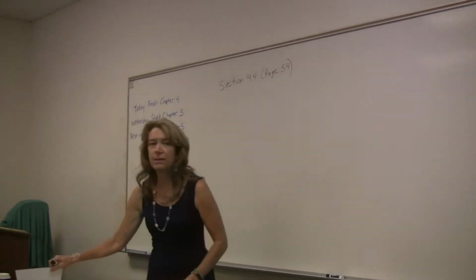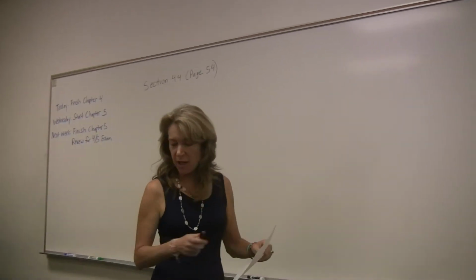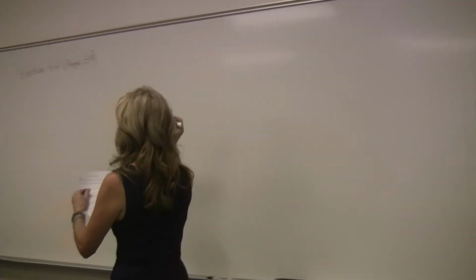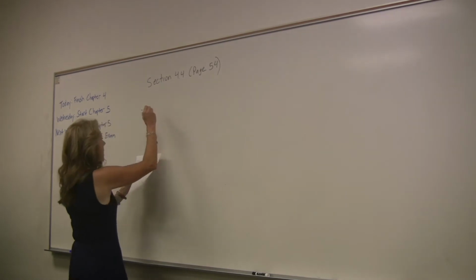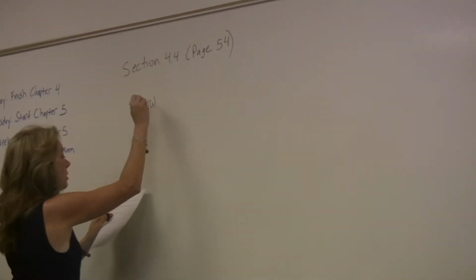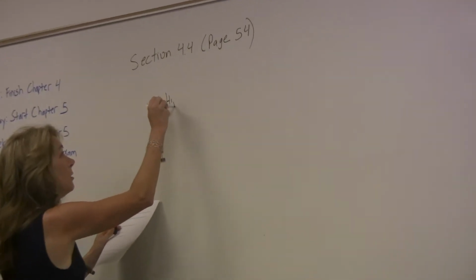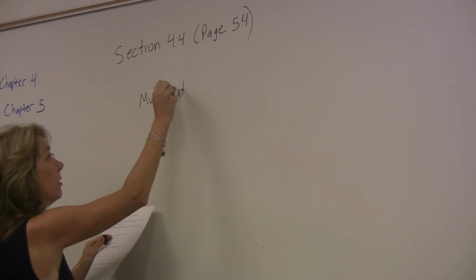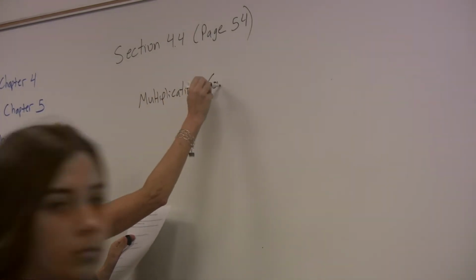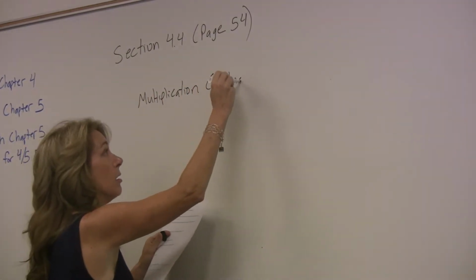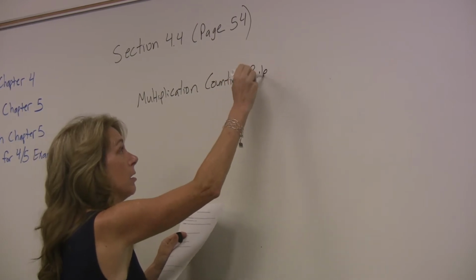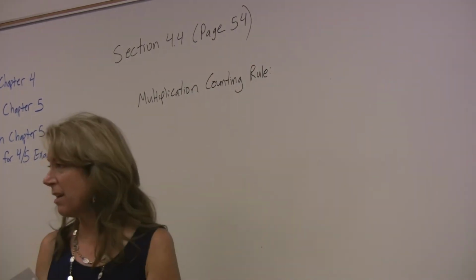And it says 4.4 counting, if you change it to a 4.4 counting. The very first thing I want you to do, if you didn't do it already, is it should say the multiplication counting rule. Where it says fundamental, this says multiplication.